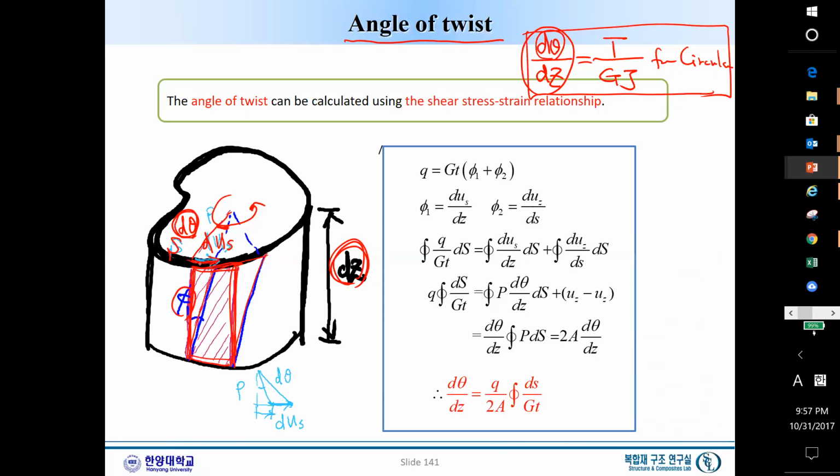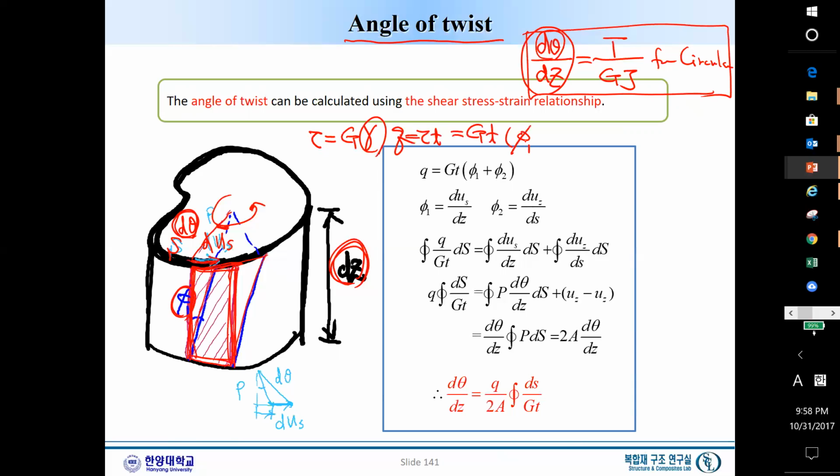So let's get back to the definition of the shear stress. Shear stress is simply tau equals G gamma, right? Gamma is the shear strain and tau is the shear stress. Using the definition of shear flow, tau t will be G gamma t, and this will be the shear flow q. Now gamma is the angle variation of this P1.